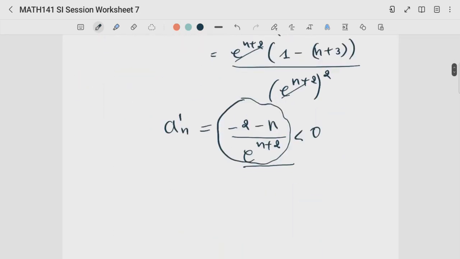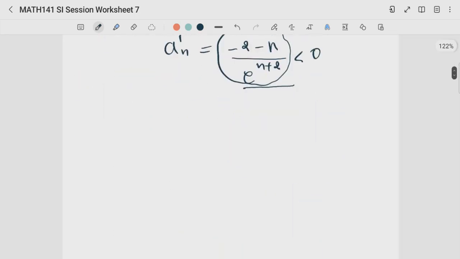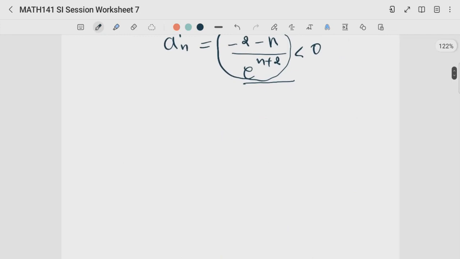Right. And if I were to represent it graphically, just for the sake of an example, so you can understand the difference between strictly decreasing and decreasing.